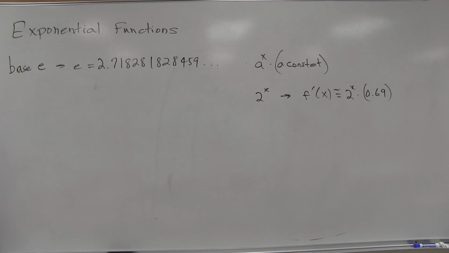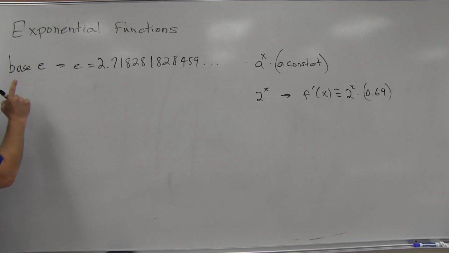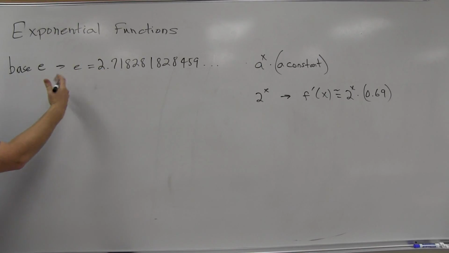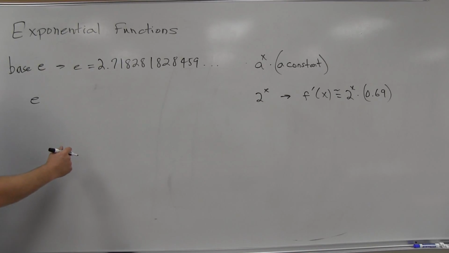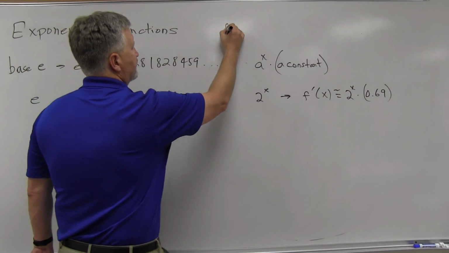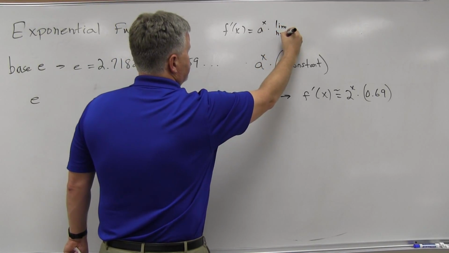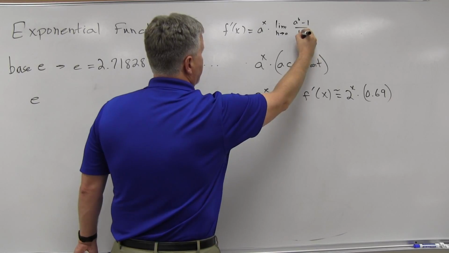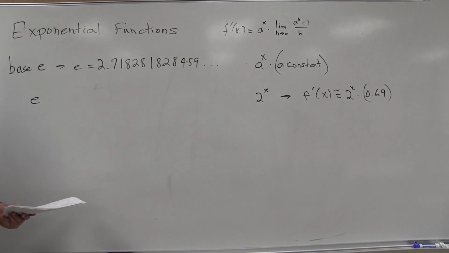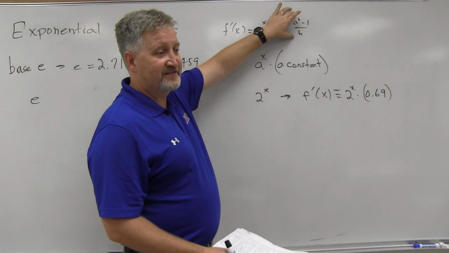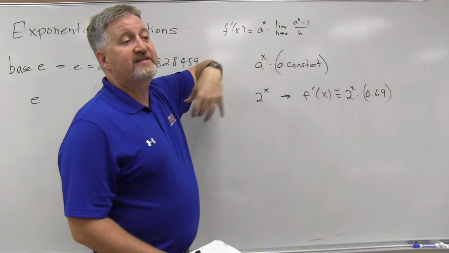But what I was going to say was, one way to define e is the number for which f prime of x, which was a to the x times the limit as h approaches 0 of a to the h minus 1 over h, makes this limit 1.